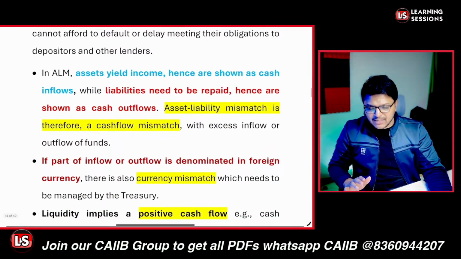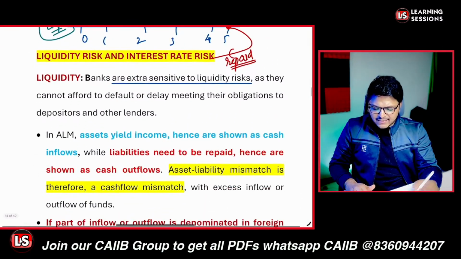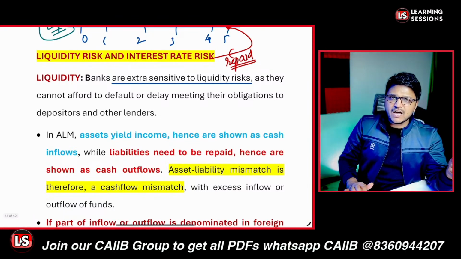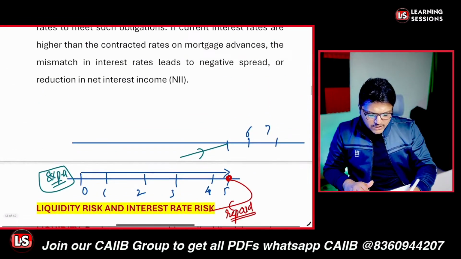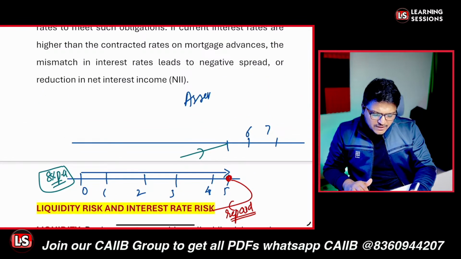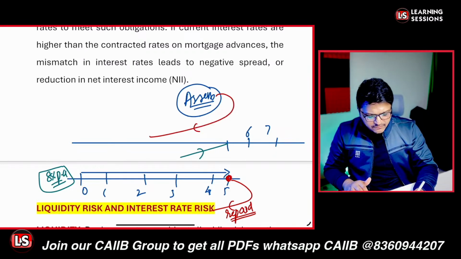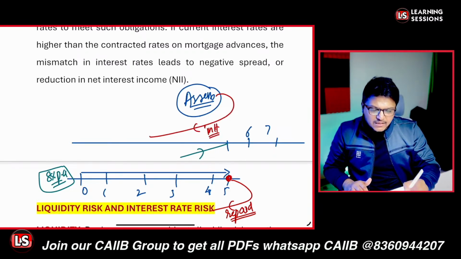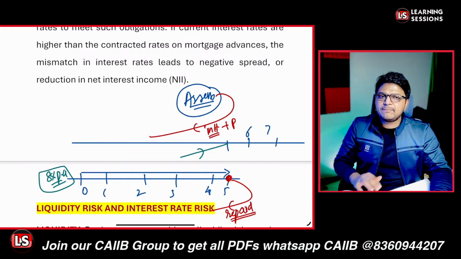Okay. So in ALM, in case of the asset liability management, whatsoever assets we are having, we are earning income out of them. Assets means we are talking about the income we are receiving from the assets. We are receiving the interest from these assets, and also some principal amount is repaid back, right?